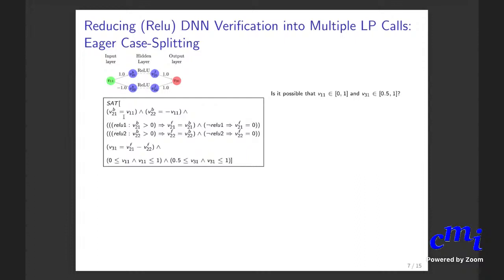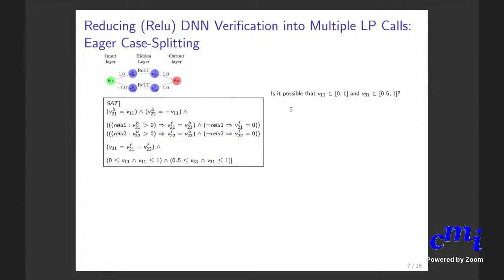Whereas what you want to check when you verify a particular property, this is again an example that I've already seen, is: is it possible to have V11 between 0 and 1 and V31 have a value between 0.5 and 1. In this case, indeed, it is possible.